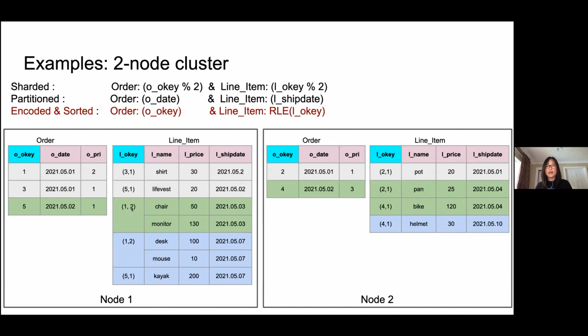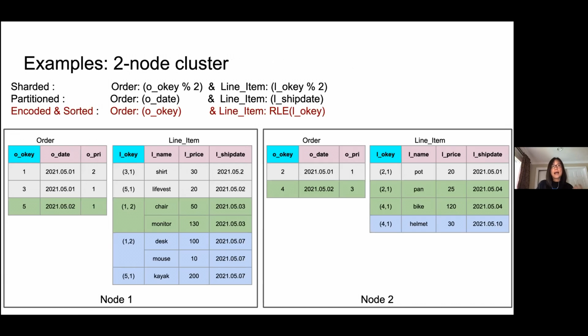So we store 1 and 2. Similarly for the pink one here, order number 1 appears 2 times and order number 5 appears 1 time. That's how we encode. In this example, there are not a lot of repeats. If there were a lot of items with the same order, you would see the encoding help a lot. Let's go to examples and see.